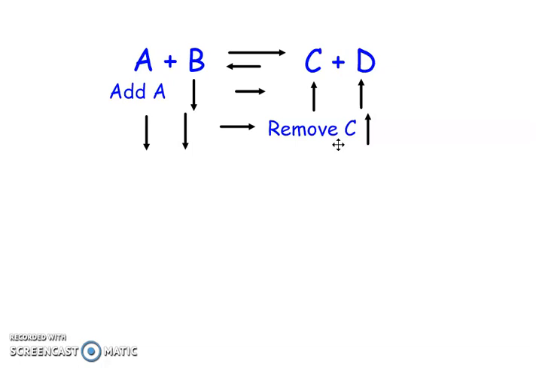When I remove a product, the system's going to try to replace what I took out. Well, as it replaces C, it also has to create more D. So D is also increasing. And in order to get more of those products, we need to use up some of those reactants as well.